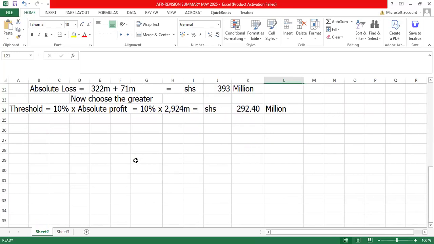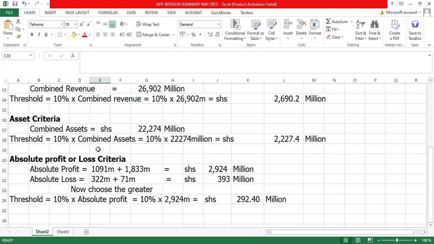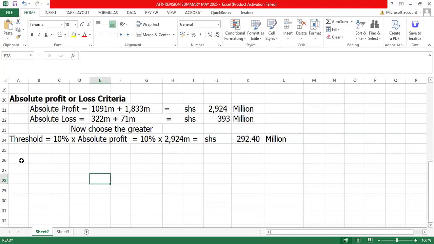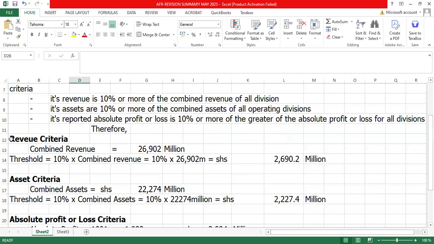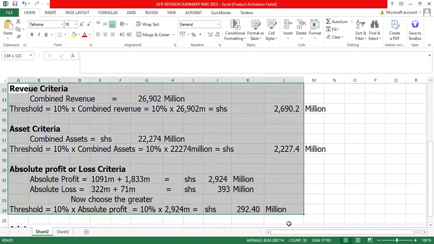Okay, so we want to advise now. Some people, all this can be part of your appendix.